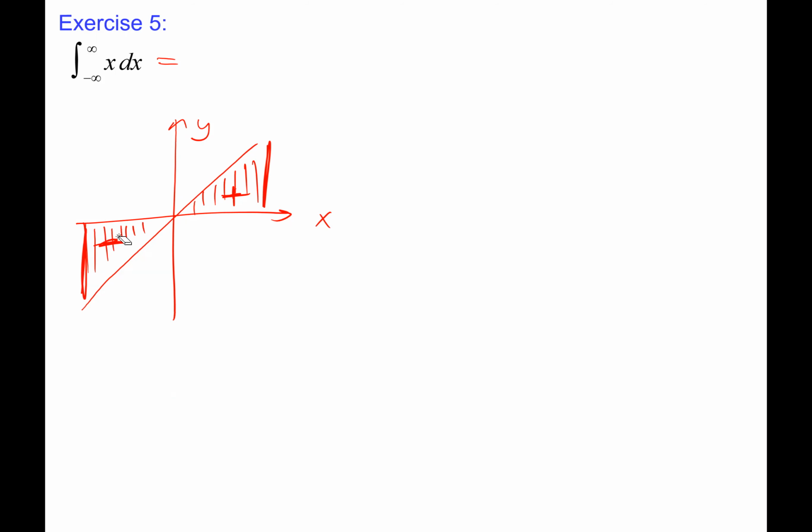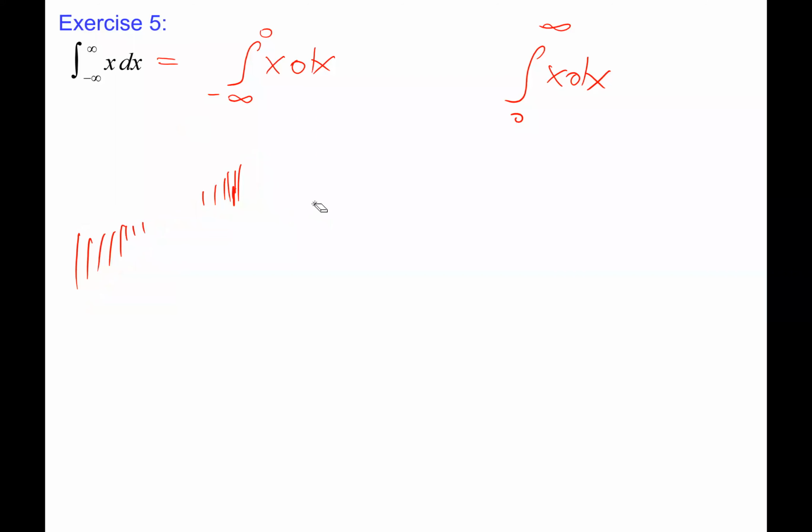That means, as the steps are telling us, we will rewrite it as two integrals: from negative infinity to 0 of x dx, and from 0 to positive infinity of x dx. And as I said, I'm not adding them because I don't know. Let's focus on this one.